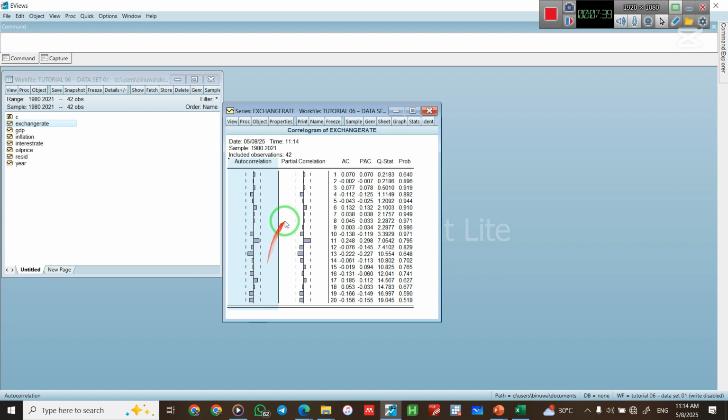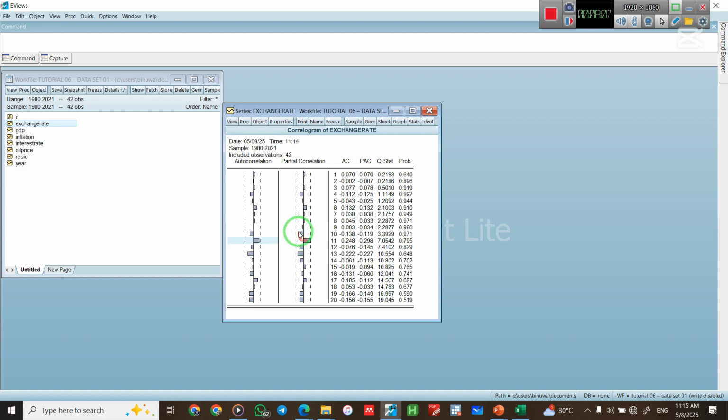Students, you can see that in both the autocorrelation and partial correlation there is no systematic pattern. The second condition is that, to identify the AR term or MA term, one of these bars should go beyond the significance level.